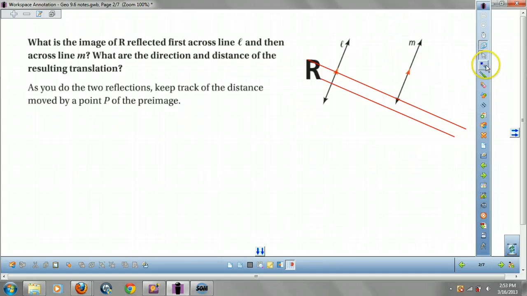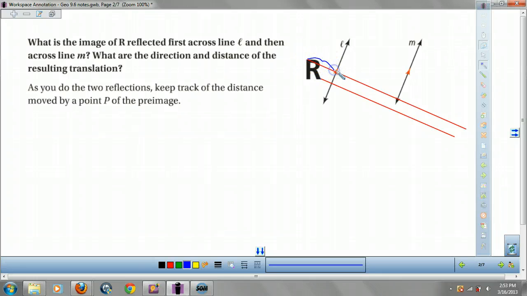Because I need to kind of get the ball rolling: when I reflect it, I need to take this distance and redo that distance over here. That's going to be the back end of my R. I need to take this distance and redo it over here, so that's going to be the front.